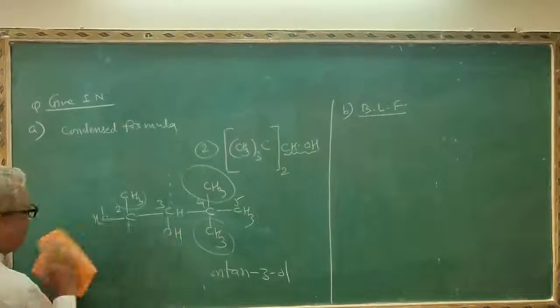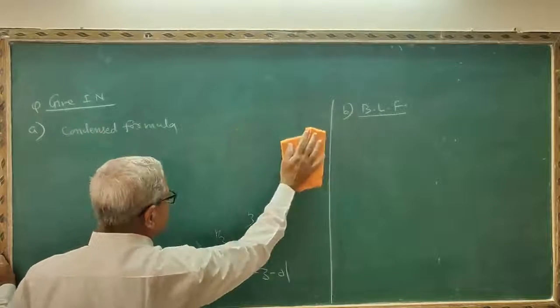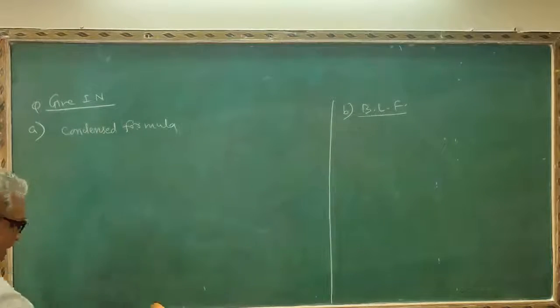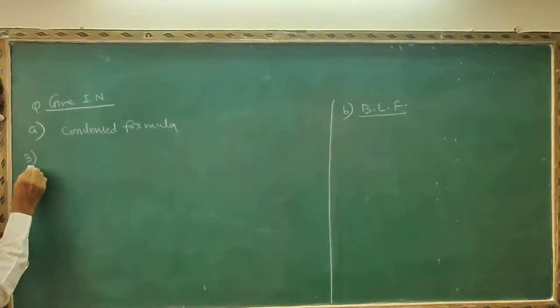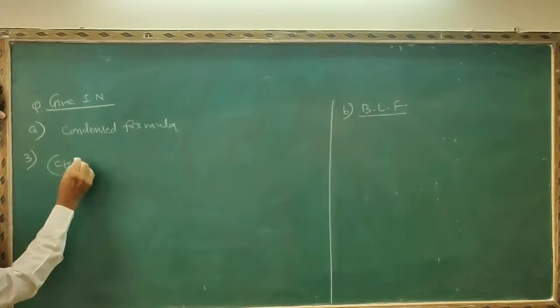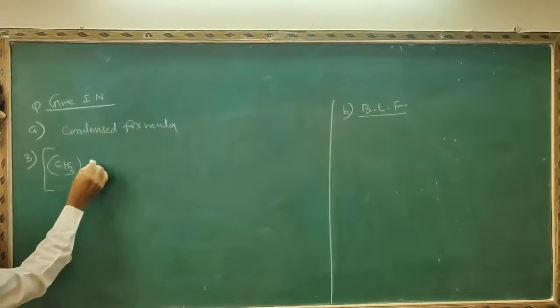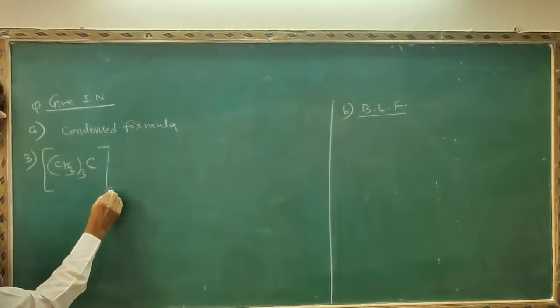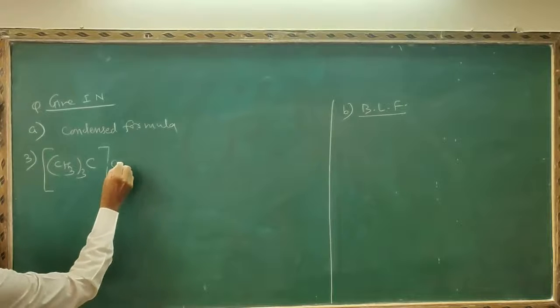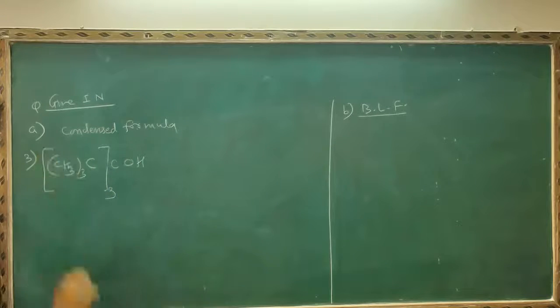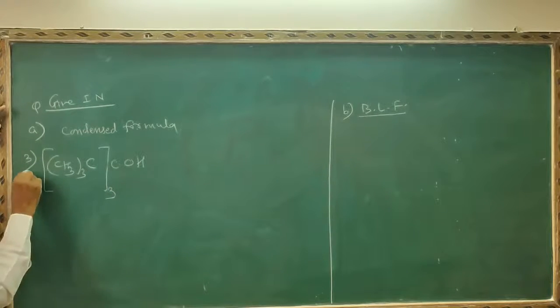Again, consider the most difficult example on the condensed formula. Third example, condensed formula. CH3 3 times, C 3 times, COH. This is a very important example.